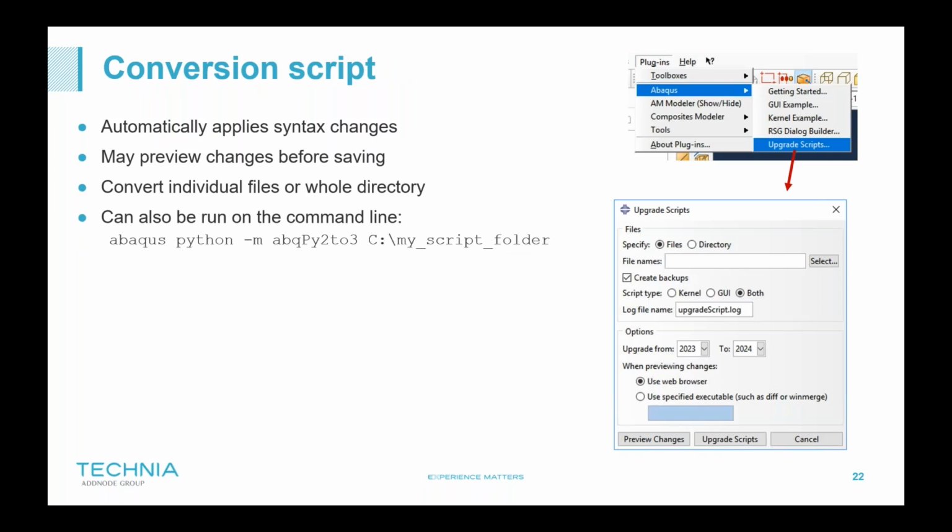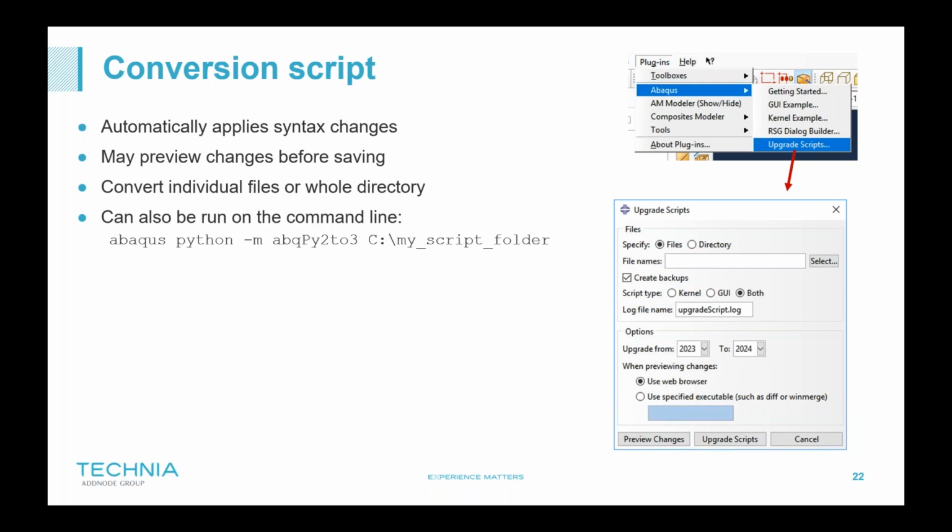Luckily, to help us, there is a built-in tool in Abaqus that helps us convert scripts. I've gone through some of the syntax changes that affect scripting in Python. So this upgrade script will automatically apply all these syntax changes and some more that I did not go through today.